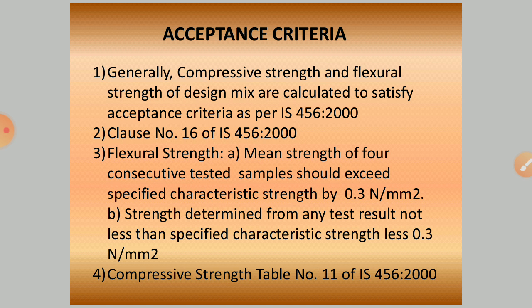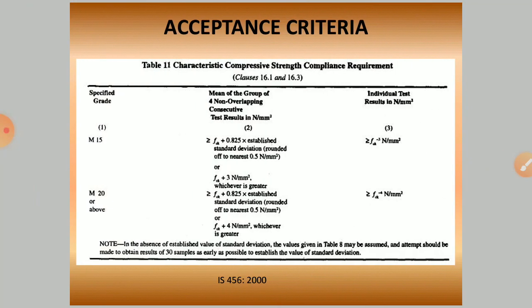Now for compressive strength there is Table number 11, characteristic compressive strength compliance requirements. Here, for M15 grade, the 4 consecutive test results should be greater than FCK plus 0.825 times the standard deviation.